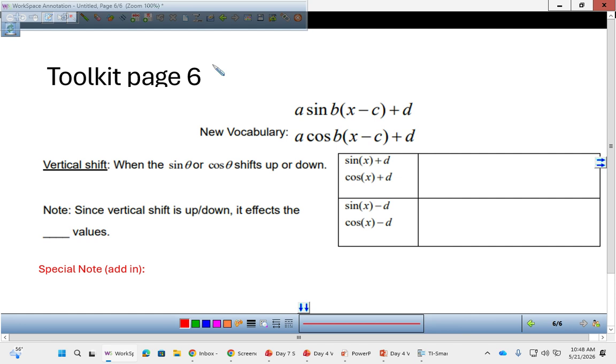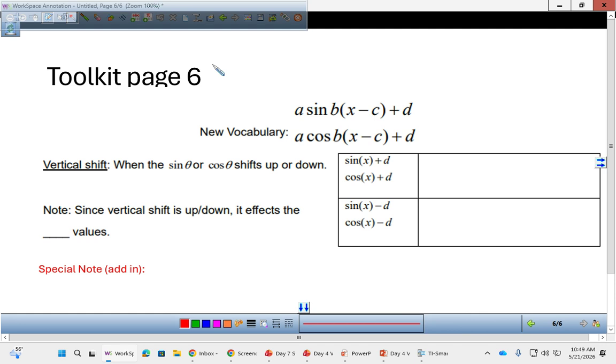When you see that C is minus pi, it's actually plus pi, right? So anything that affects the x values works opposite, but anything that affects the y values makes sense. So a plus D goes up, and that makes sense. And a minus D goes down, and that makes sense. The C and the B are opposite of what your brain would want them to be.